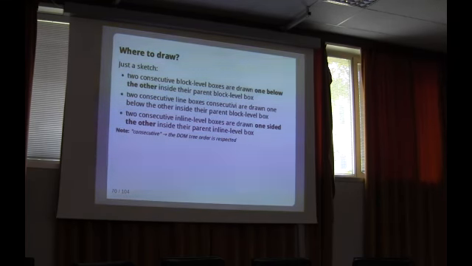The first one you put on the first available part of the region, then you put the second one below, just like two paragraphs. Lines are quite the same, because two lines should be drawn consecutively, one below the other, inside the parent block level box. And finally, the inline level boxes are drawn like words: one aside the other until the end of the line, and then we start again with another line.